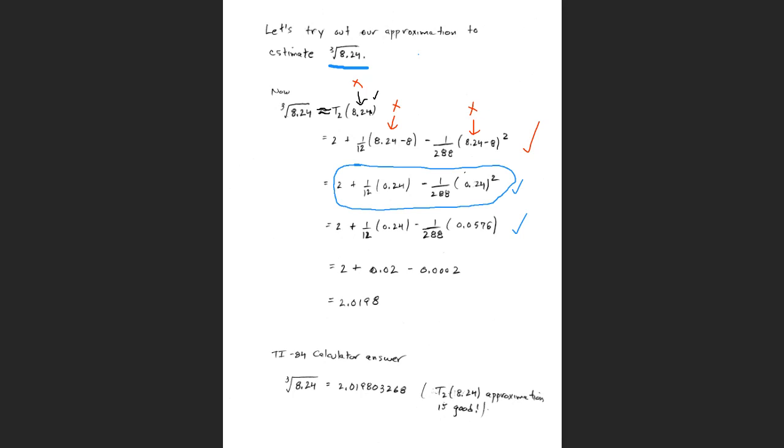Those are all mathematical operations that a computer or a calculator can do, using flops, right? A flop is a mathematical operation. So we end up finding that the cube root of 8.24 is approximately 2.0198.